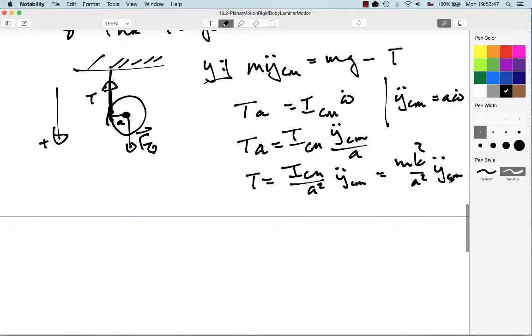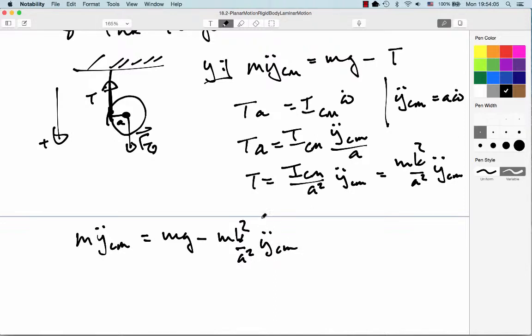Alright, so now we can plug that back into Newton's second law there and get m times YCM double dot equals mg minus mk squared over A squared YCM double dot.